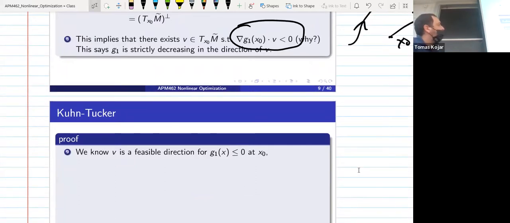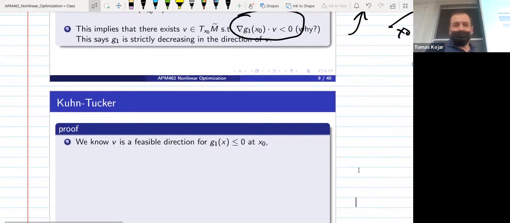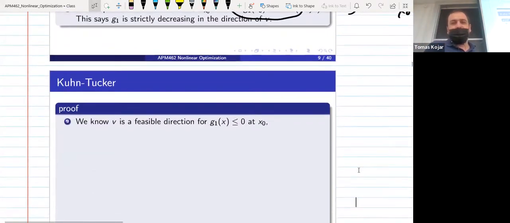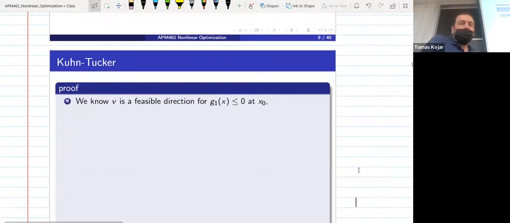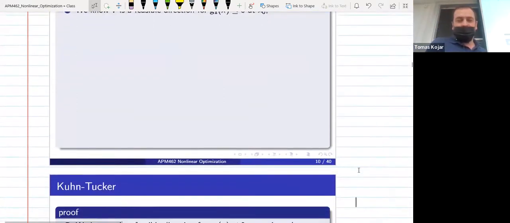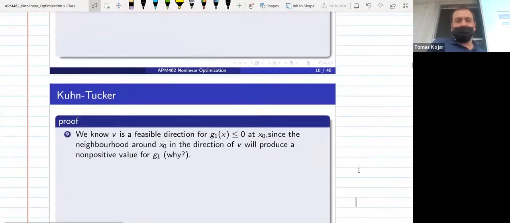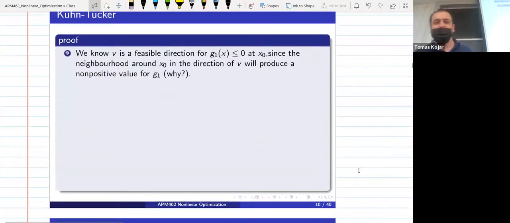All right, moreover, it's feasible. So I have to explain this. Why is this a feasible direction? Let's draw the picture again.